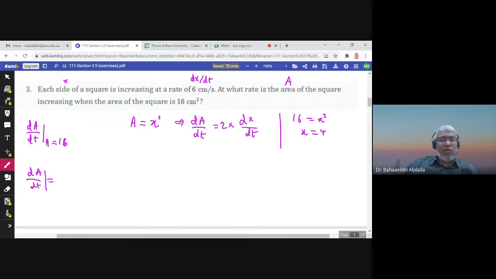So he wants dA by dt when x is 4. And this would be equal to 2 times x, which is 4, times dx by dt, which is 6. So the answer is 48 centimeter square per second.